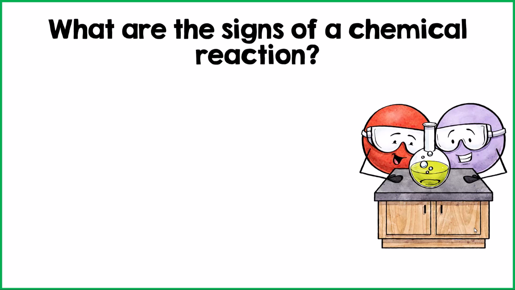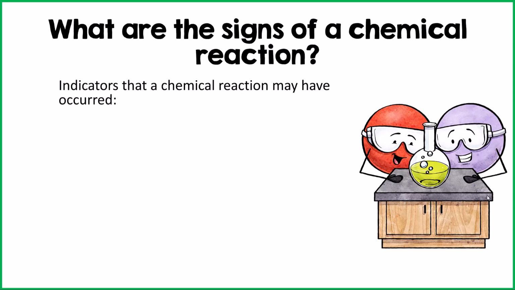What are the signs of a chemical reaction? In other words, how do we know that it's taken place? How do we know that there's something happening that's not just a physical change? Well, indicators that a chemical reaction may have occurred include a change in energy, which you might see as heat, either the production of heat or the removal of heat, maybe something getting warmer or colder, or the production of light.